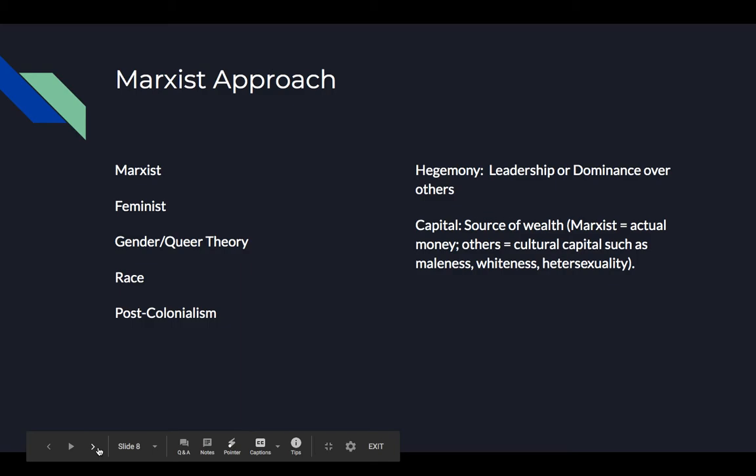So some of you are going to be looking at actual wealth when you have the Marxist approach. But for others, you might be looking at whiteness or dominant culture or race, or maybe you're looking at it in terms of heterosexuality versus homosexuality. Post-colonialism is when you come from a dominant culture. So if I am reading a post-colonial work, I'm going to look to see what culture is emphasized over another, and generally that culture is the colonizing culture, right?